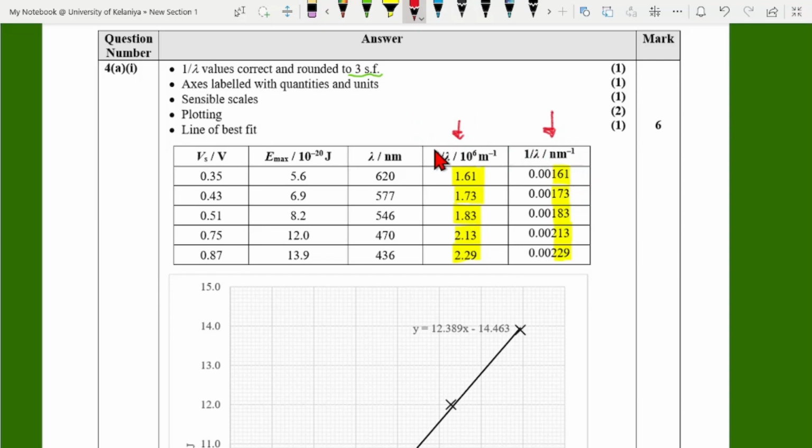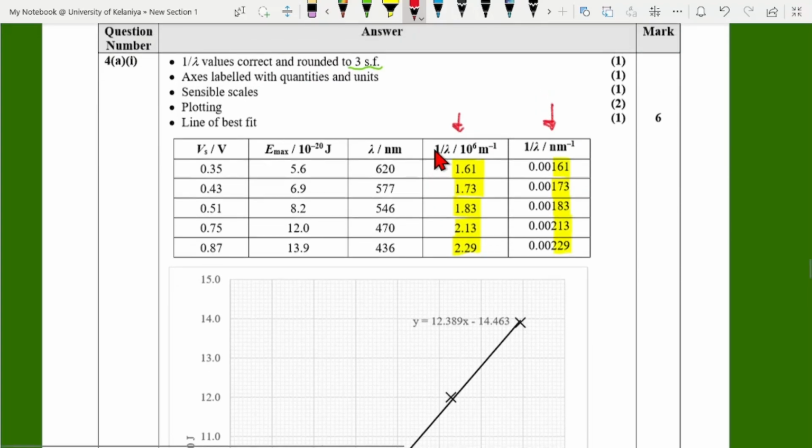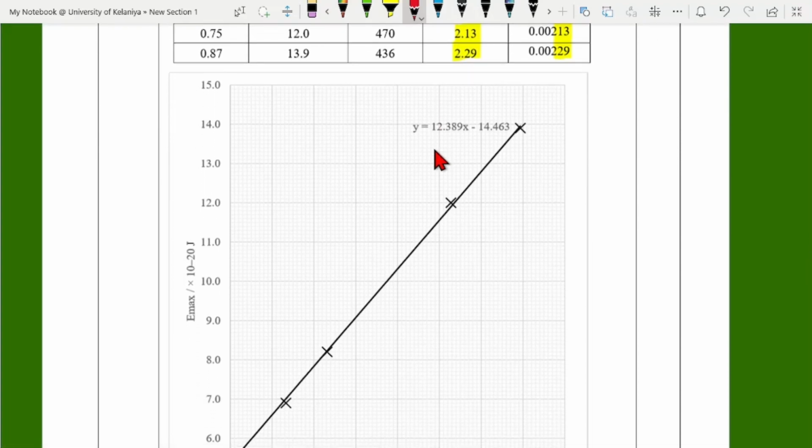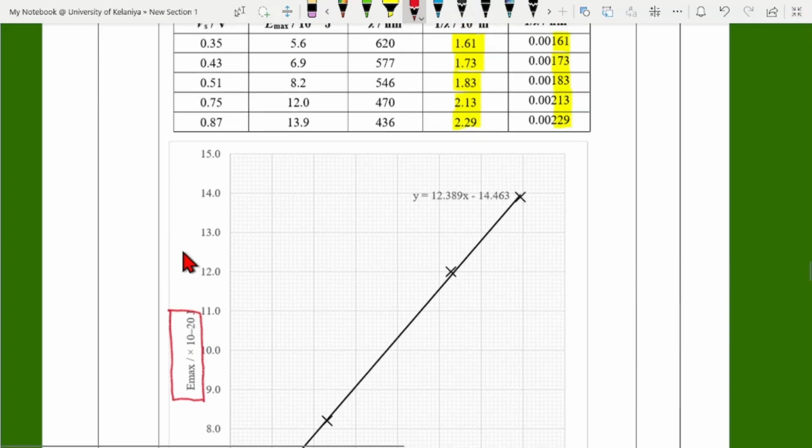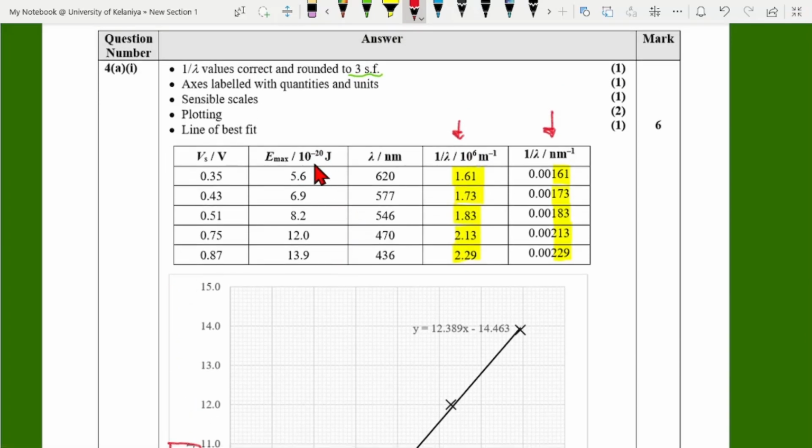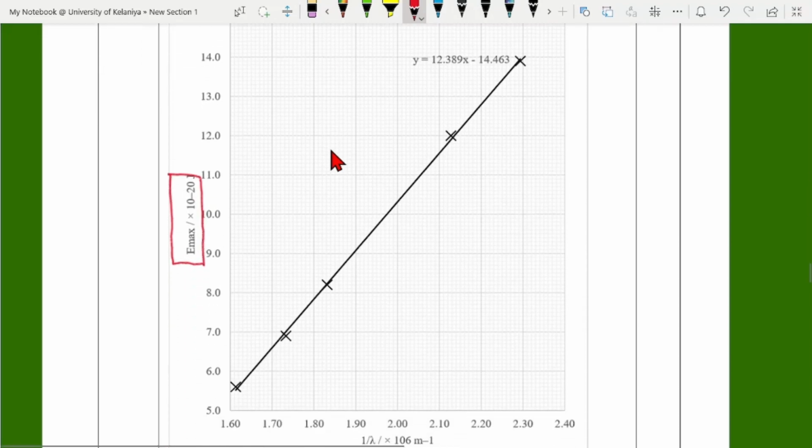Then for labeling your axes with the quantities and the units. Here on the y axis we have to take energy. They have given 10 to the power minus 20 joules, so you have to place it over here.